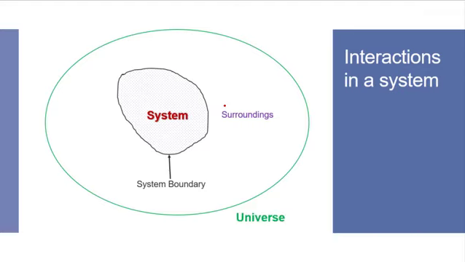So it is the universe. Now in this system, heat may enter into the system, or you can say heat may cross the boundary from surrounding to the system, or heat may cross the boundary from system to the surrounding.